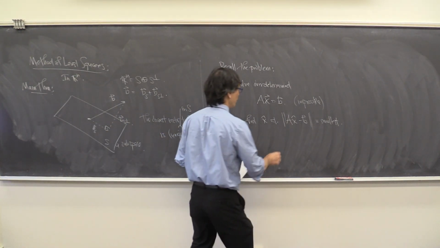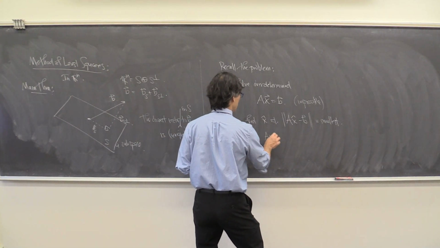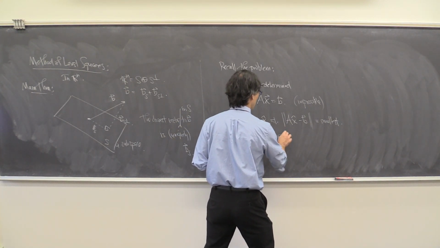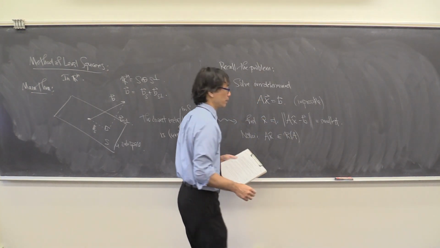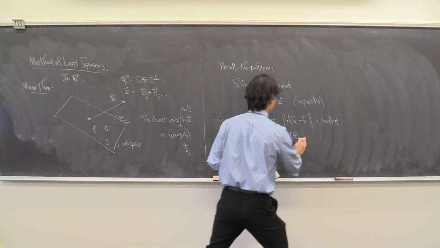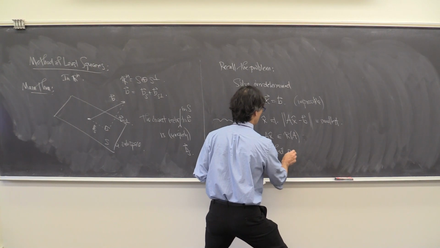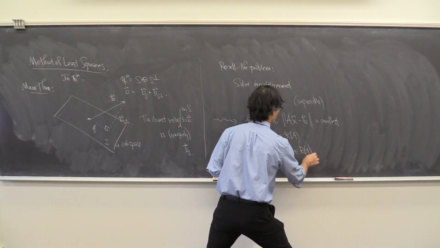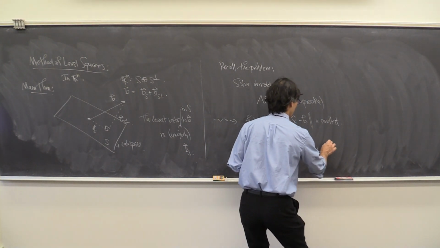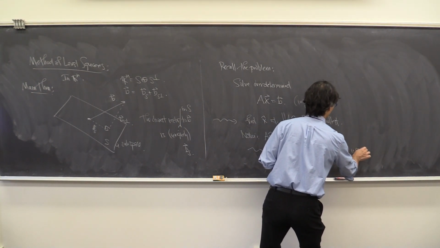And then you notice AX hat is in the range of A, of course. So you can change the problem to find P in the range of A such that P minus B is smallest.